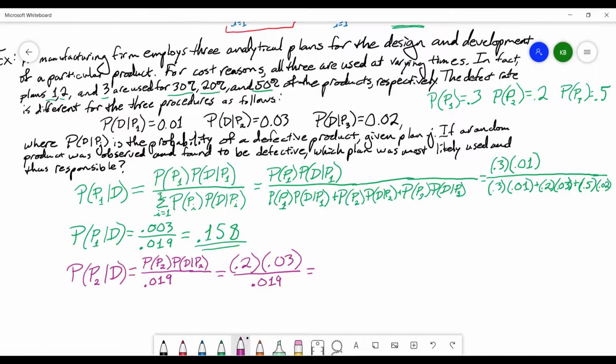So when I multiply that out, I get 0.006 divided by 0.019, which is going to be 0.316.